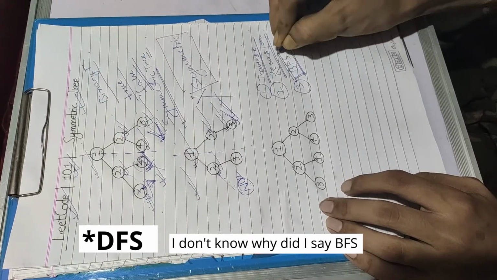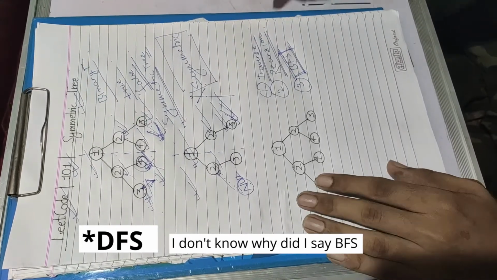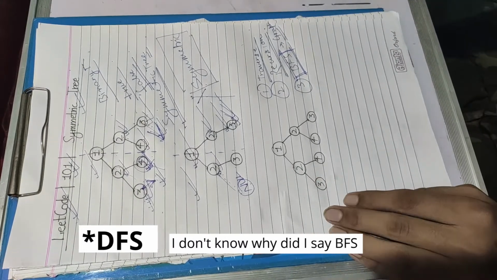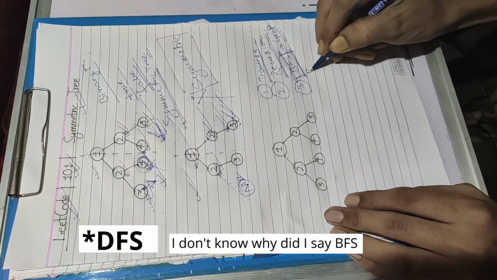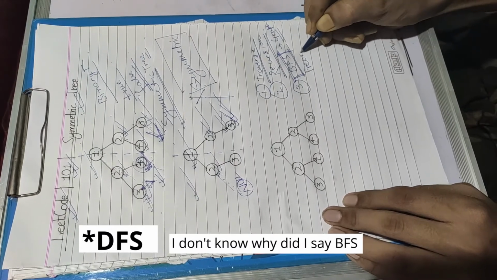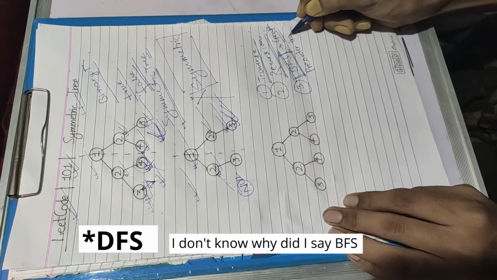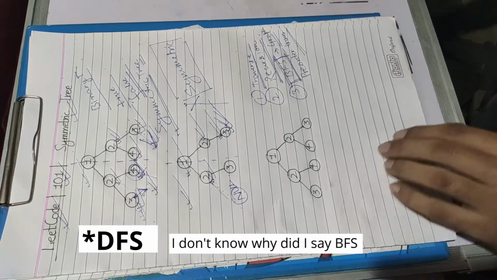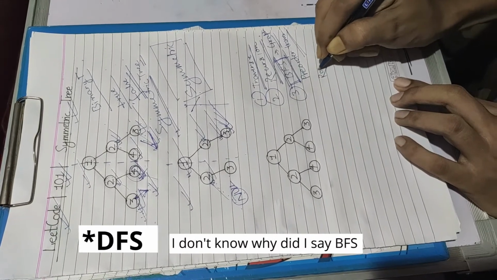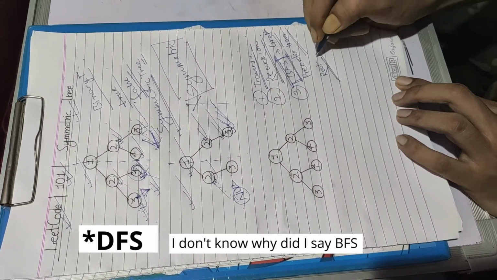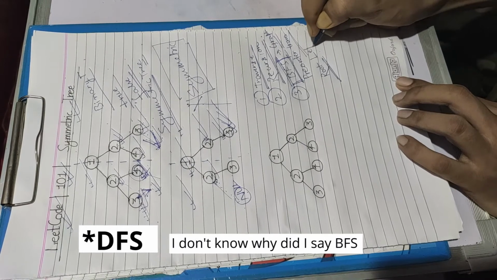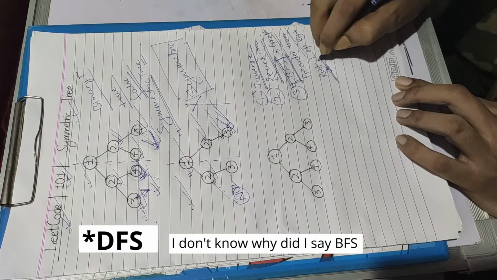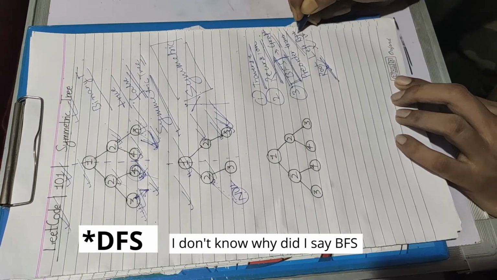This term is taken mainly from the graph data structure, but this is the same as what we call a pre-order traversal. Now what is pre-order traversal? In pre-order traversal we will first go to the root, then left, and after that right.